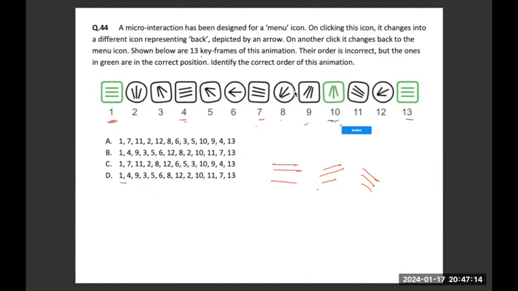But the 10th position which is given to you is correct. So this position is correct, which is provided. Before the 10th position, if one goes sequentially, 10th is looking like this.